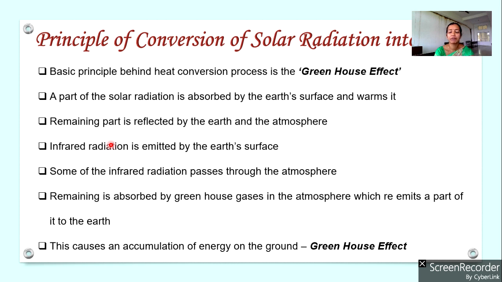We know that infrared radiations are heat radiations. Infrared rays are characterized by their heat energy, so they are actually heat radiations. The earth surface re-emits heat radiation, and a part of this heat radiation re-emitted by the earth surface will be trapped or absorbed by the greenhouse gases present in the atmosphere.